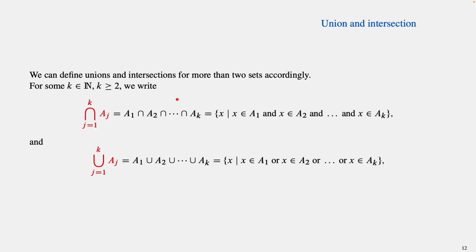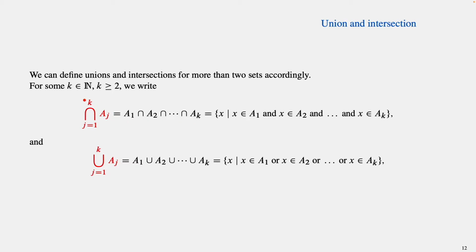And we can define unions and intersections for more than two sets. And we use this notation here, which maybe takes a bit of getting used to. So let's say we want to have the union and intersection of k different sets, where k is a number greater or equal to 2. Then we can use this big intersection symbol and we count from 1 to k over our sets A1 to Ak.